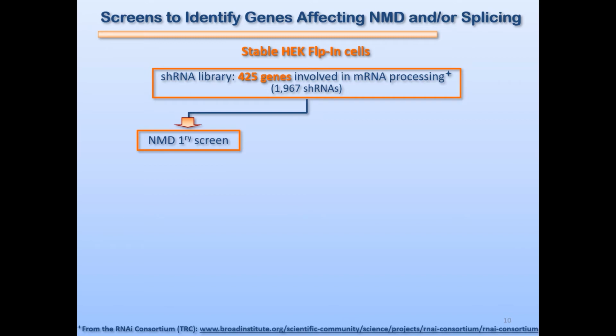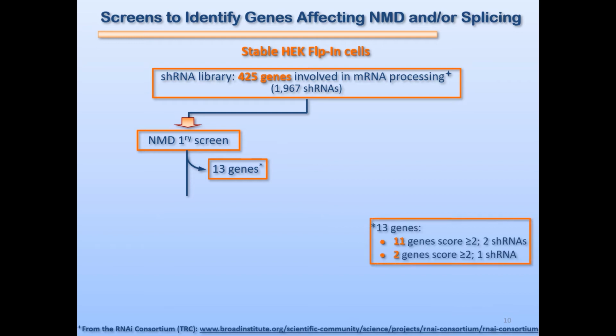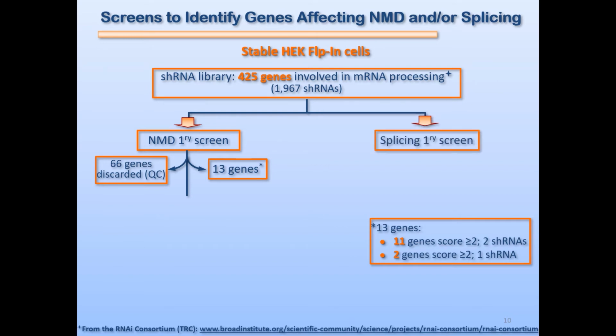So we did the primary screen for NMD, which resulted in the identification of 13 genes actually inhibiting NMD, and 11 of these genes actually had more than 2 shRNAs, and 2 other genes just 1 shRNA. So here we also discarded some genes due to quality control.